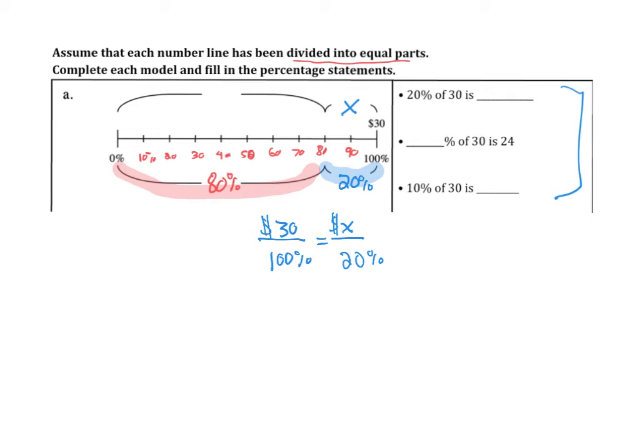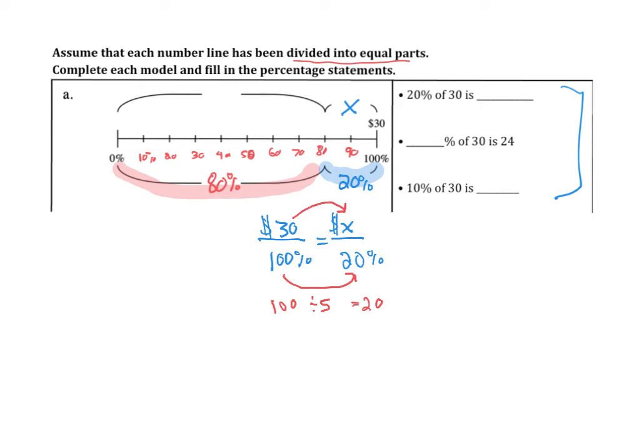I'm going to get into red for this. Looking at my denominators, 100 divided by 5 will get me 20. So if that's true on my denominator, and these are proportional relationships, that means it has to be true for my numerator.